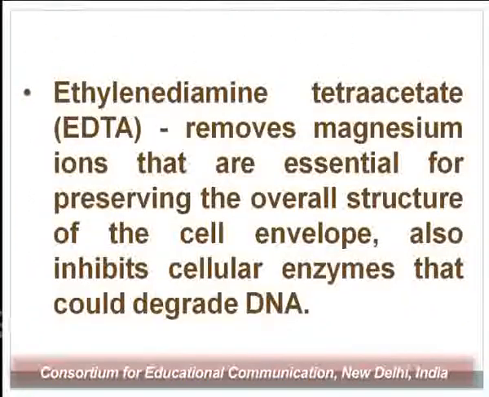The other agent is ethylenediaminetetraacetate, or EDTA as it is commonly called. It removes the magnesium ions, the divalent cations that are essential for preserving the overall structure of the cell envelope, and it also inhibits the cellular enzymes that could degrade DNA. So, for chemical purification of total DNA, we add EDTA, and this EDTA chelates the divalent cations essential for preserving the integrity of the cell envelope.